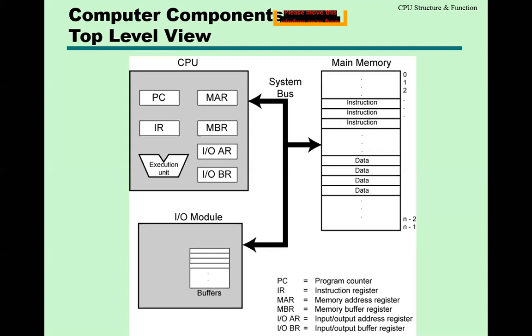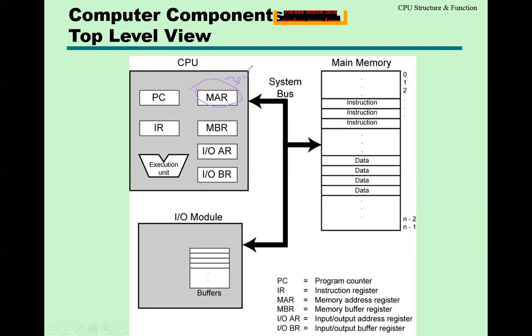This 300 passes to the MAR and the PC is incremented by 1. If there is no other control signal, now the PC holds 301. And the MAR has the address 300.